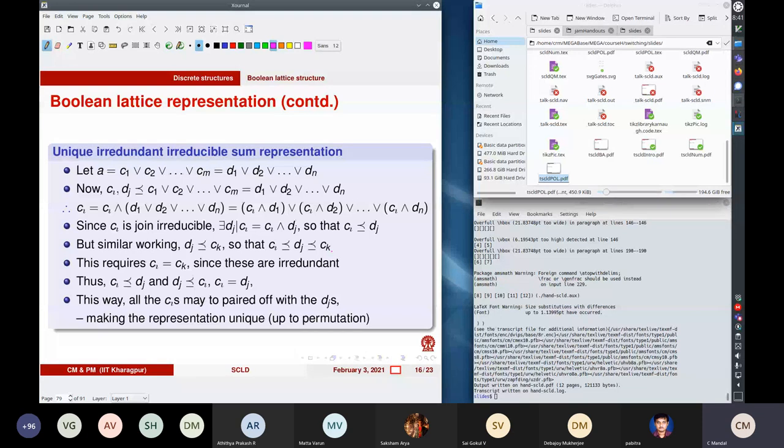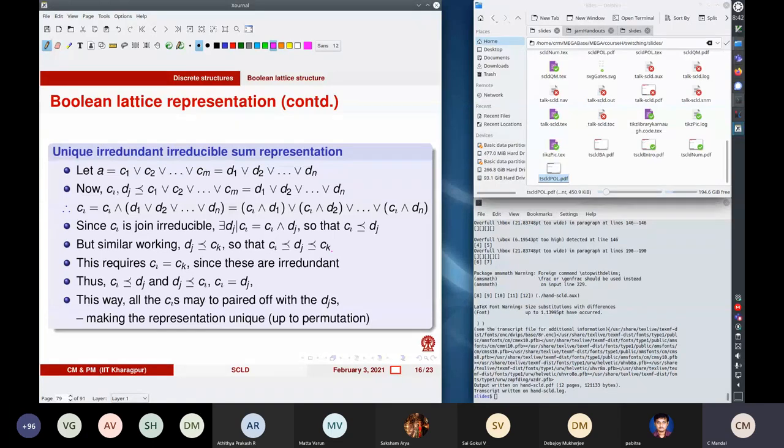The atoms are all irredundant, and any subset will represent an irredundant irreducible sum. So that is a strong suggestion that this could be the number of elements in a Boolean lattice, which is a bounded, complemented, and distributive lattice.